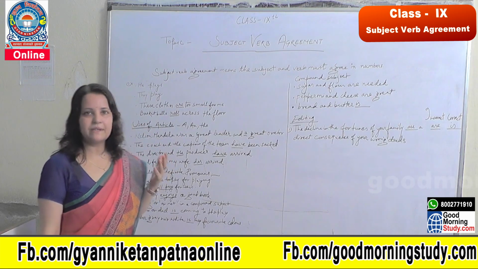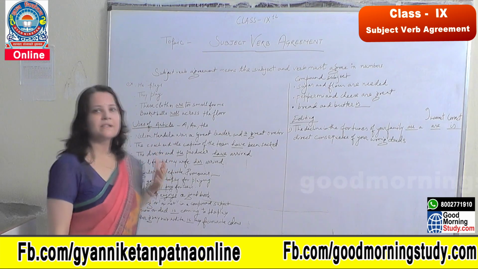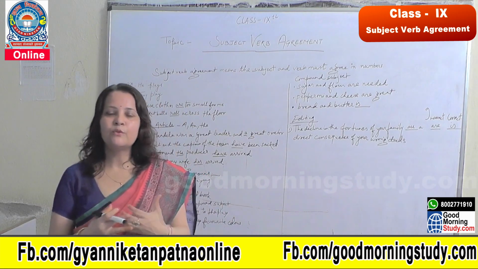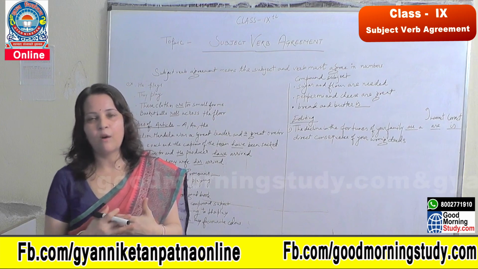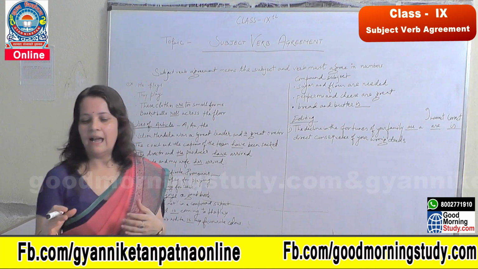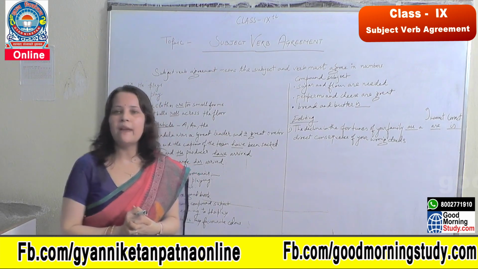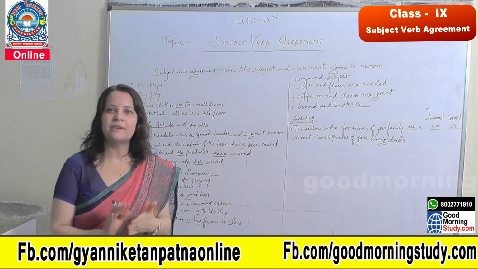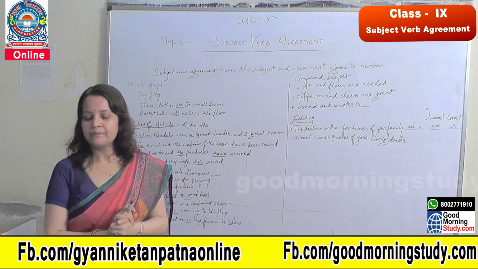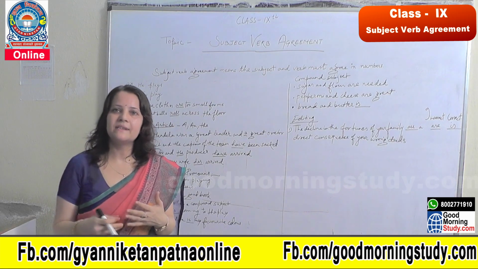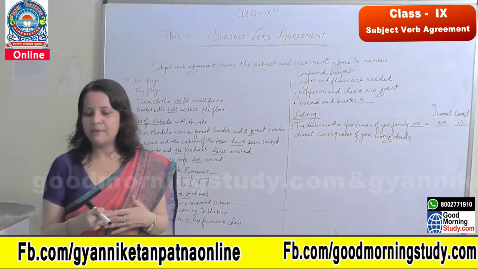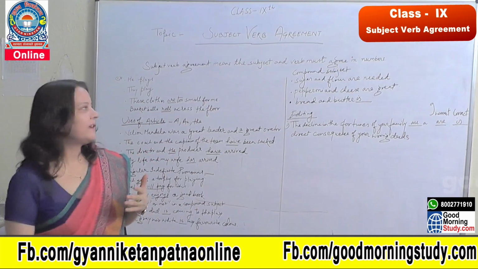Subject-verb agreement. Many a time I have been asked by students how to do editing and omission. To know any language, we need to know certain parts of grammar like tense, active passive voice, narration, preposition, subject-verb agreement.